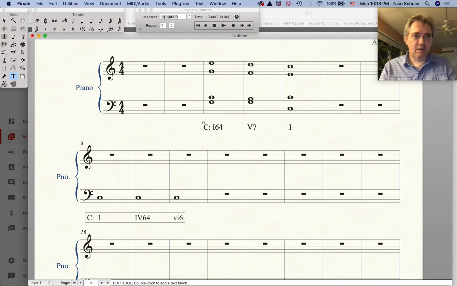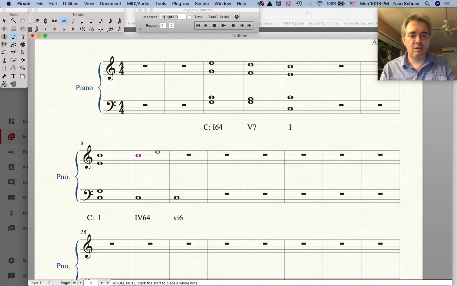Now let's see how we could voice this in proper part writing. Let me see if this works out. If we find a mistake, we will simply fix it. Now again, it's a good habit to double what's in the bass if we have a second inversion triad, and it's also a good habit to keep the same note in the same voice.